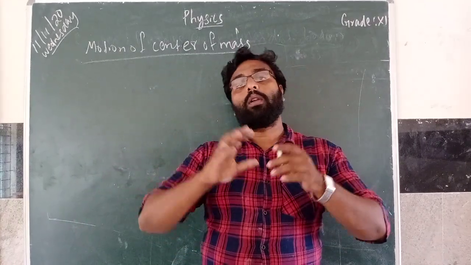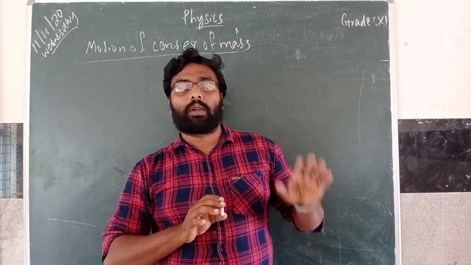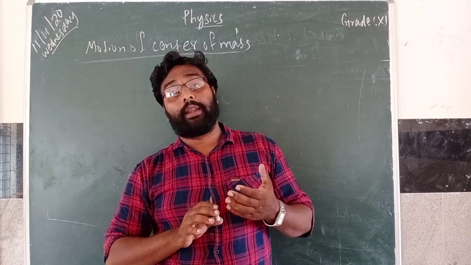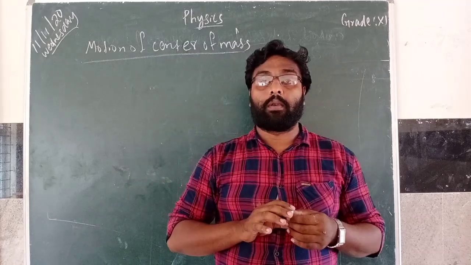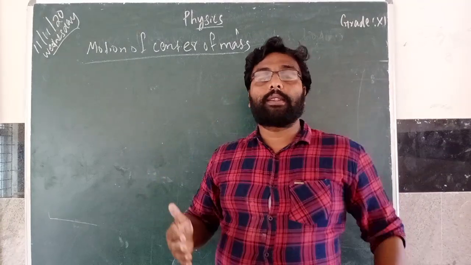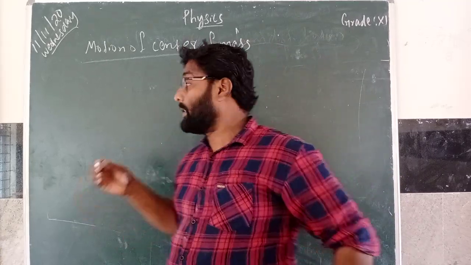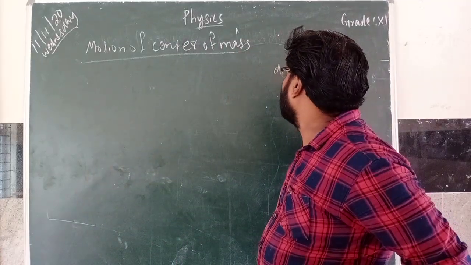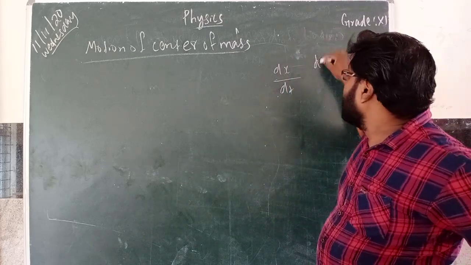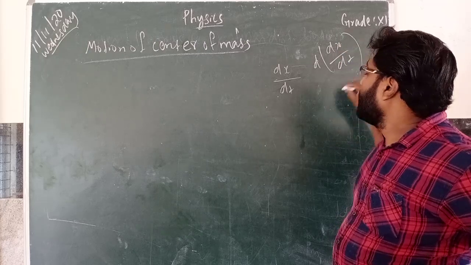For that, one equation. Normally for the kinematic equation we know velocity is equal to dx by dt, displacement by time. We can differentiate: the first differentiation is dx by dt, and the second differentiation is d by dt of dx by dt.